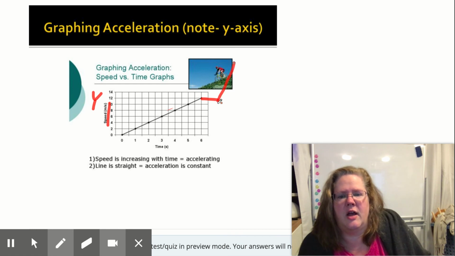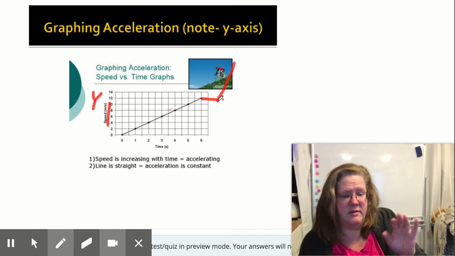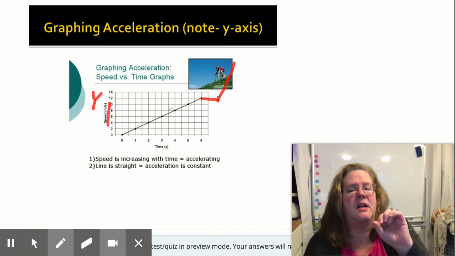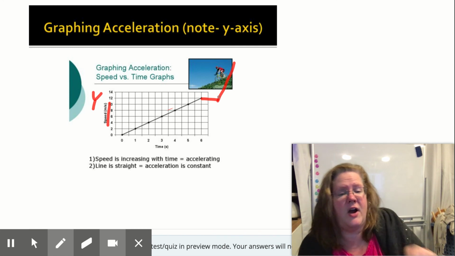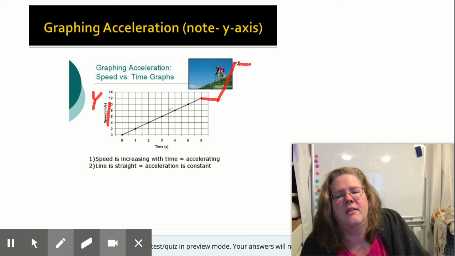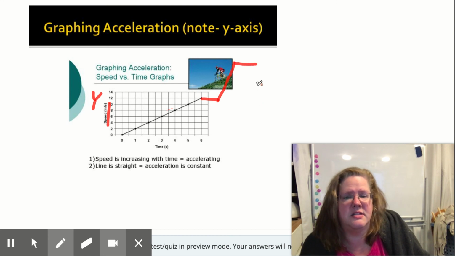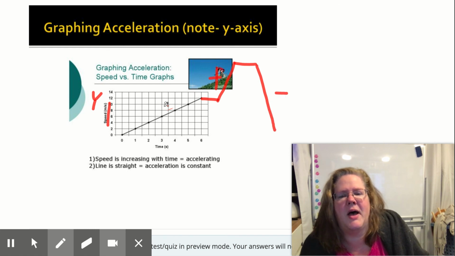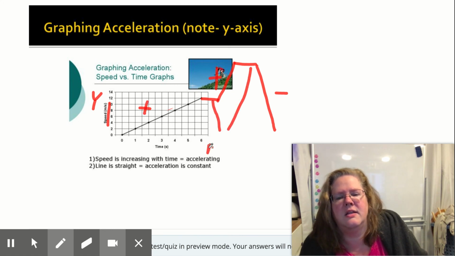If I shot up way higher, quicker, the steeper slope, that means that all of a sudden I've accelerated far faster than I was doing down here, and I could calculate it if I had a good graph. This again would be constant speed, but this is a negative acceleration. This is a positive acceleration. This is a positive acceleration. And this point and that point is constant speed.